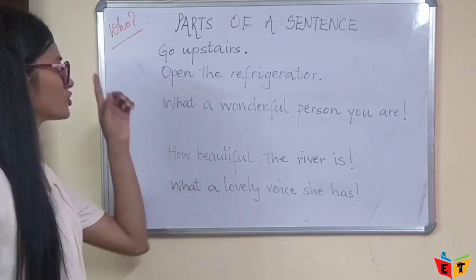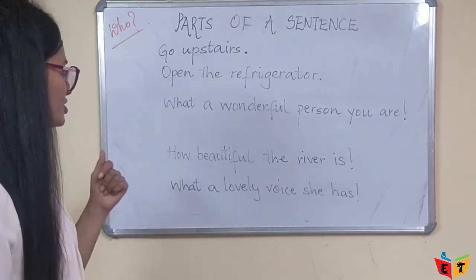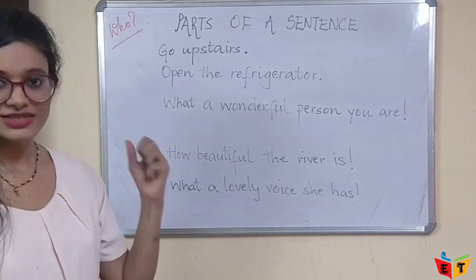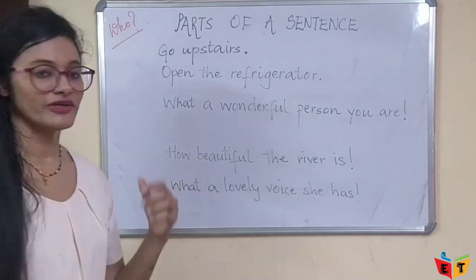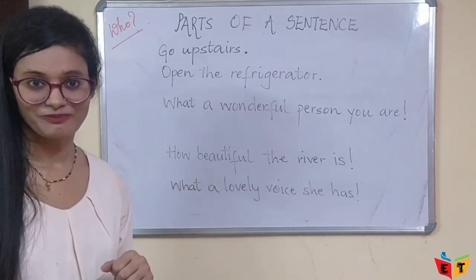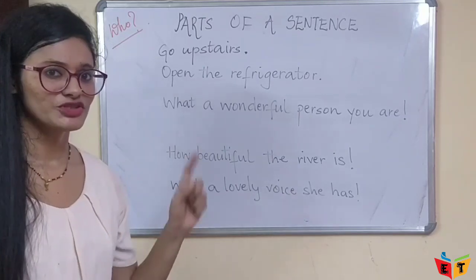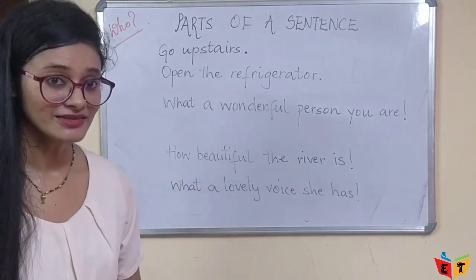Okay, so go upstairs. I cannot see any subject here. Let's see the other sentence. Open the refrigerator. Again, there is no subject. Can you see? No. But do you know that the subject here is hidden?